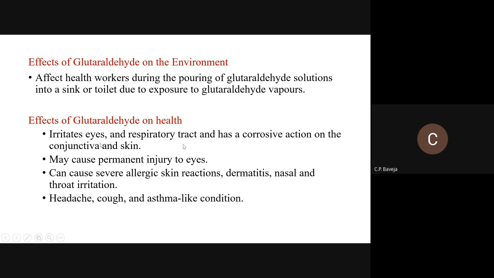It may cause permanent injury to eyes and can cause severe allergic skin reactions, dermatitis, nasal and throat irritation, and it may also lead to headache, cough, and asthma-like conditions.